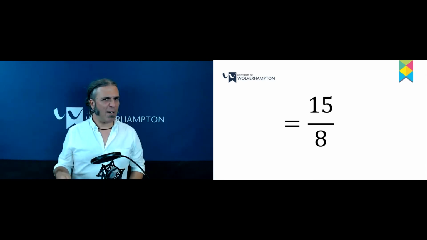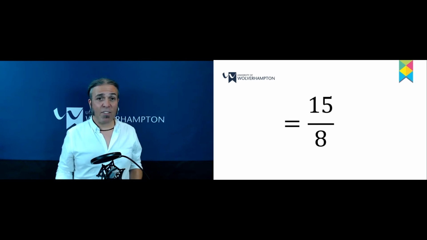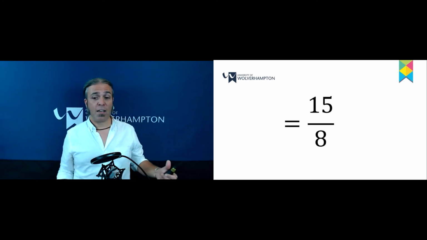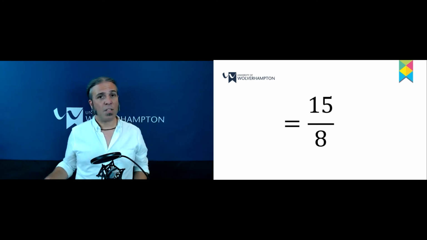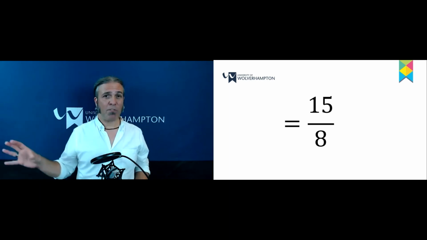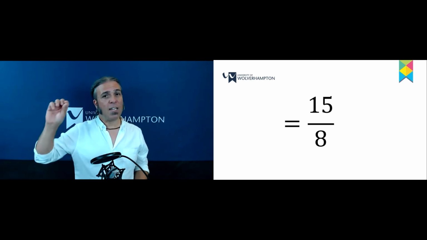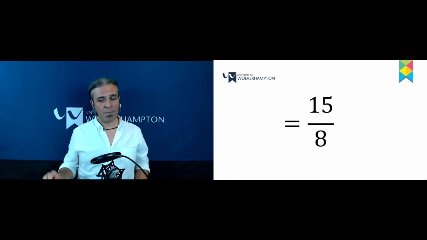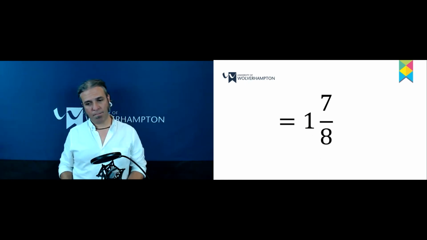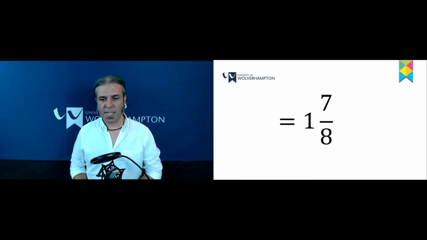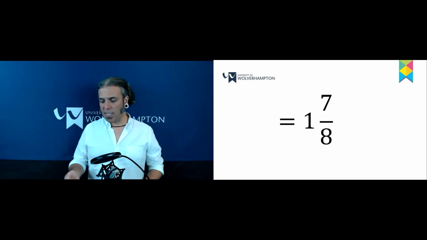How many have we got left? 9, 10, 11, 12, 13, 14, 15. So the answer is 1 and 7 over 8. And that's our answer as a mixed number.